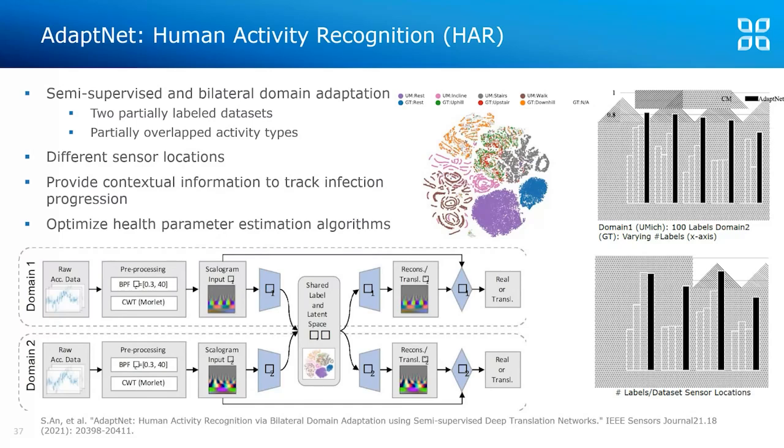And for this, what's been very important has been to be able to fuse different data sets together through transfer learning and domain adaptation approaches. So this was an approach that we used recently to fuse two different data sets, two different domains of data collection, one collected by another group from University of Michigan that was available online, and one that was collected from our group here locally at Georgia Tech.